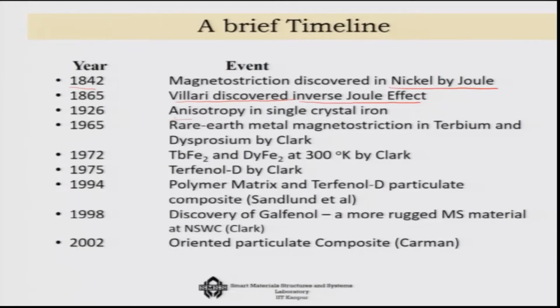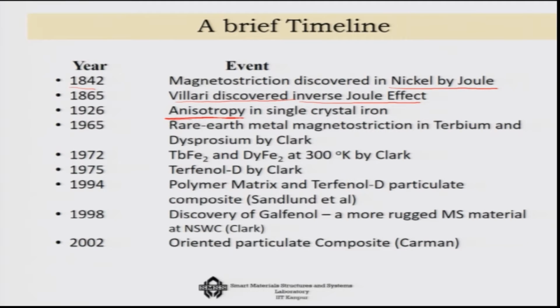And then people also found that this effect is anisotropic. Now, what do we mean by isotropic and anisotropic? It is the same as the way we discuss it in the context of solid mechanics, that this magnetostrictive effect has a directional dependence.